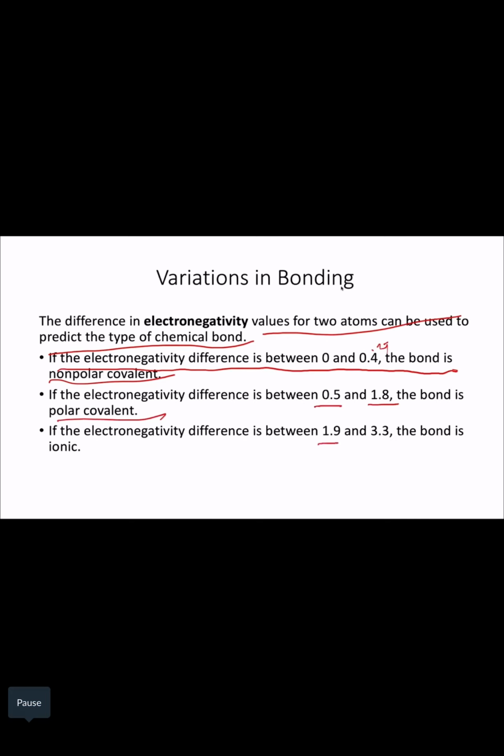Anything between 1.9 to 3.3, the bond is considered ionic. So by measuring electronegativity, we can actually tell what kind of bond it is: a non-polar covalent bond, a polar covalent bond, or ionic.